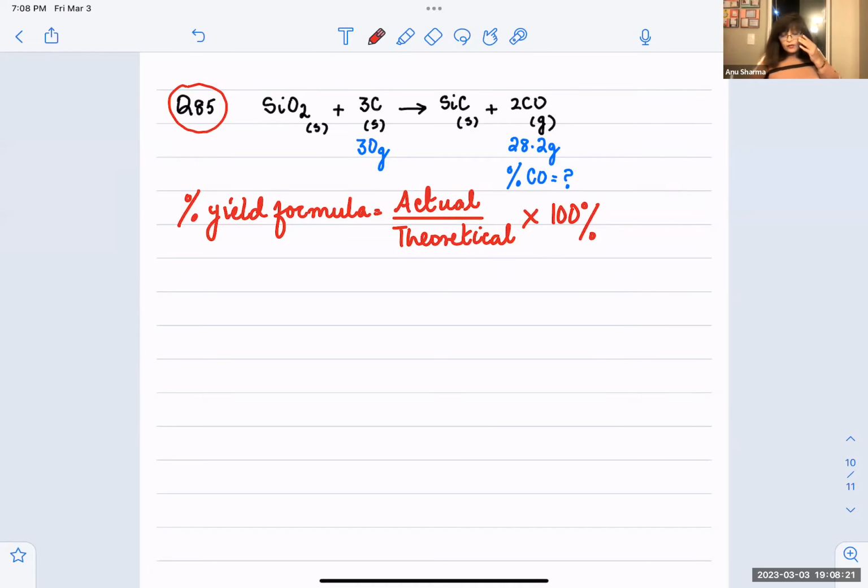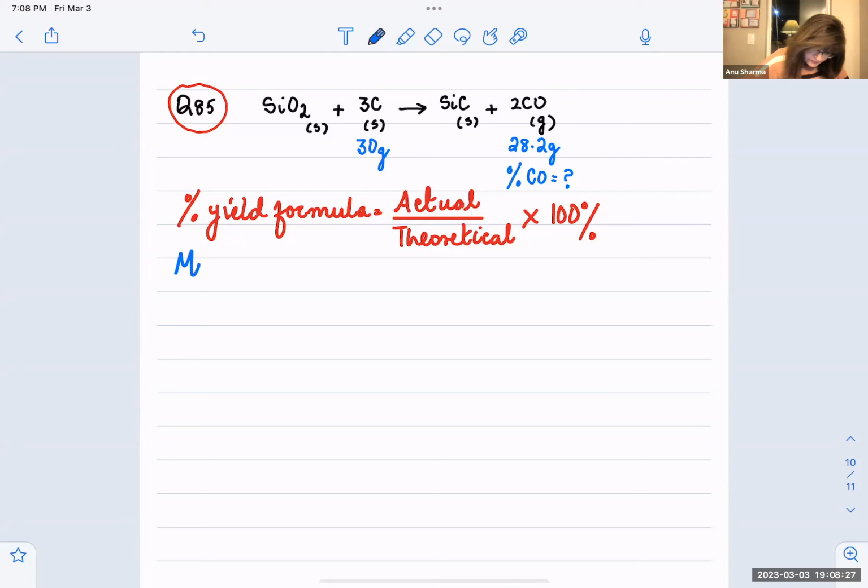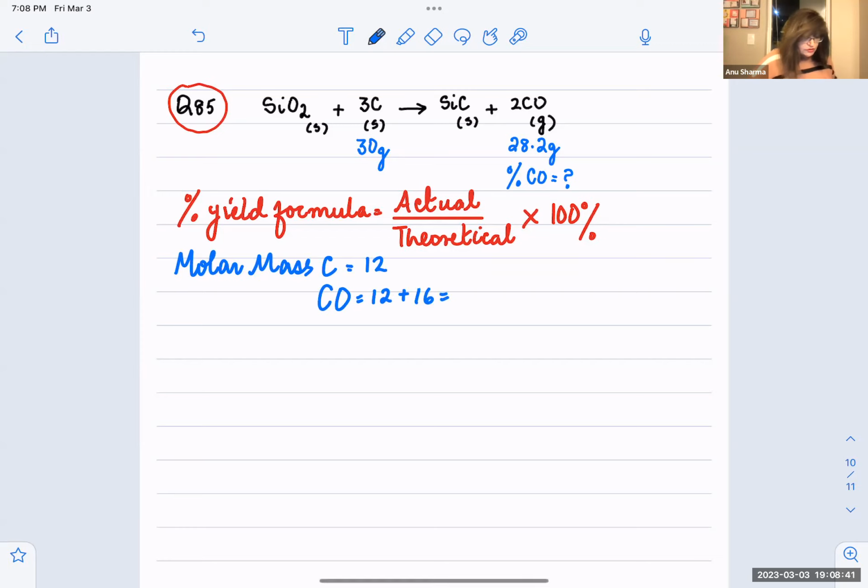All right, now here the molar mass of carbon is equal to 12. The molar mass of CO is equal to 12 for the carbon plus 16 from oxygen. So 12 plus 16 is 28 grams per mole.